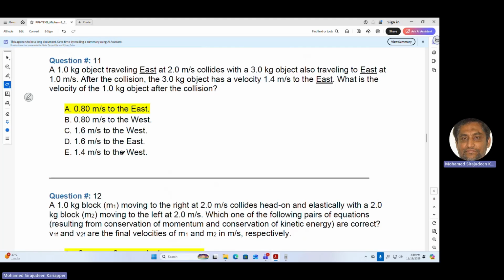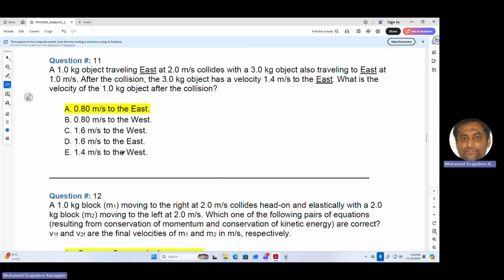It's a one-dimensional question. And do we know if it is elastic or inelastic? We don't know, right? Can I say it is elastic? Why do you say it is elastic?